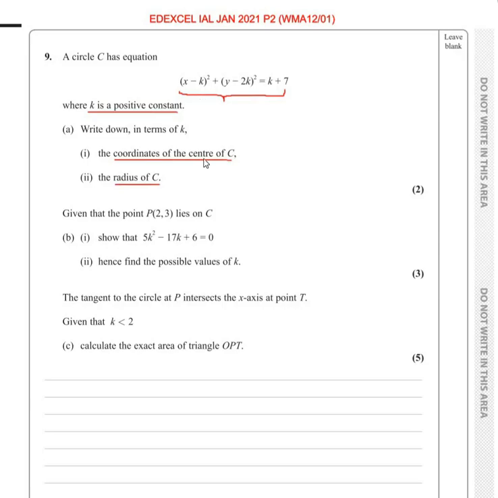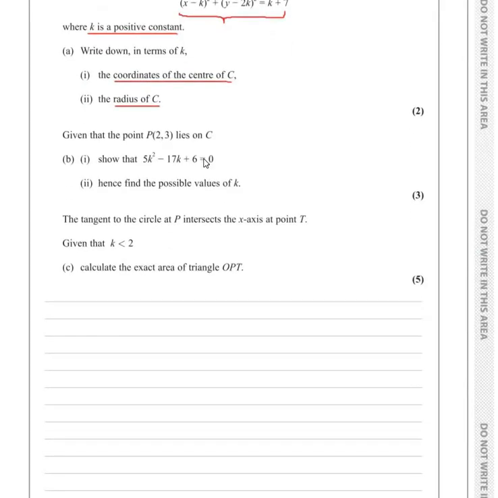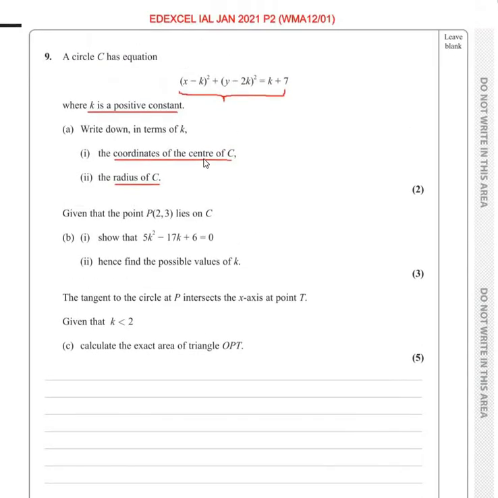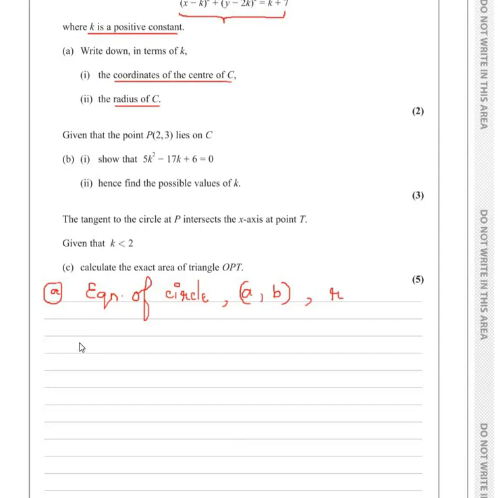So for part A, the equation of a circle where the center is given as a comma b and radius r should be written this way: the equation of a circle having a center at some a comma b location and radius r is given as (x minus a) the whole squared plus (y minus b) the whole squared is equal to r squared.